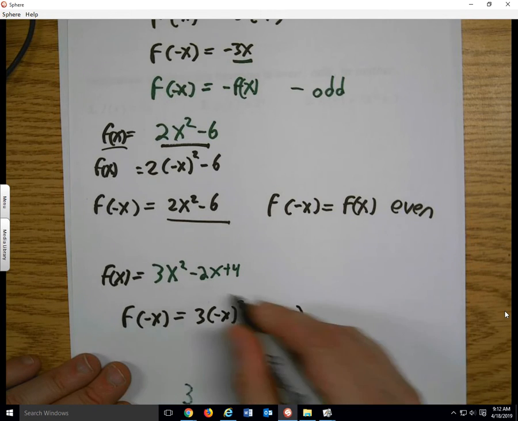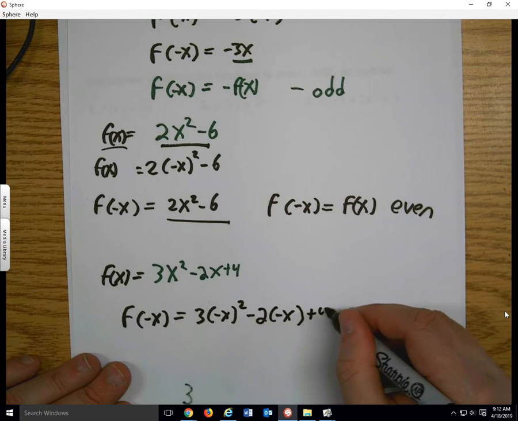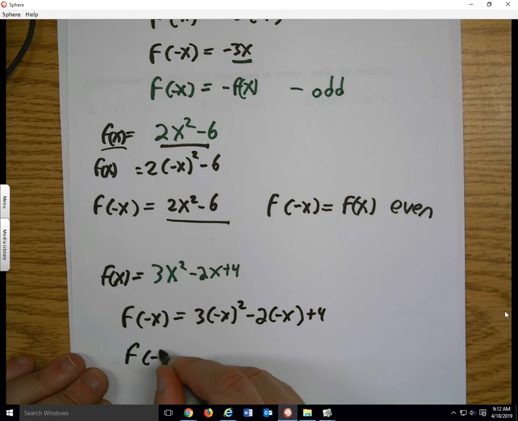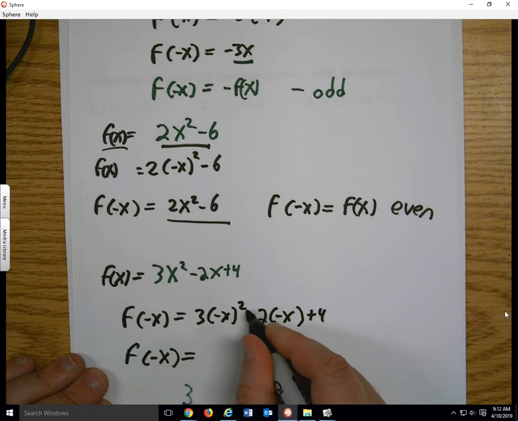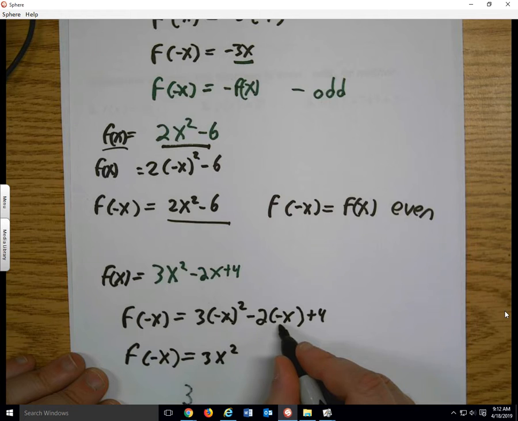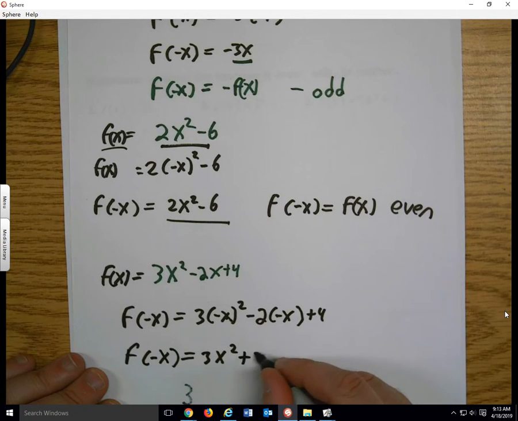Everywhere there's an x, here and here. Then you just do the order of operations, right? So you're simplifying it. You would square a negative x times a negative x, which is a positive x squared. Negative 2 times a negative x, a negative times a negative, of course, is a positive. It would be a positive 2x plus 4.